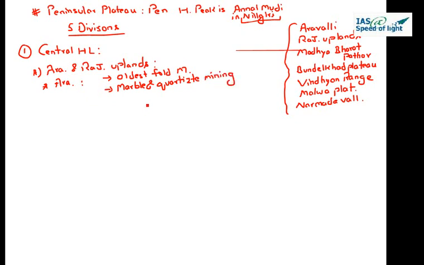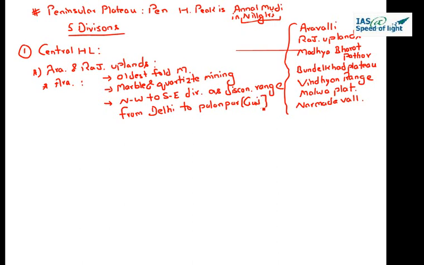Now, the ascent of Aravallis is from northwest to southeast direction, in the form of a discontinuous range from Delhi to Palanpur in Gujarat. Right.